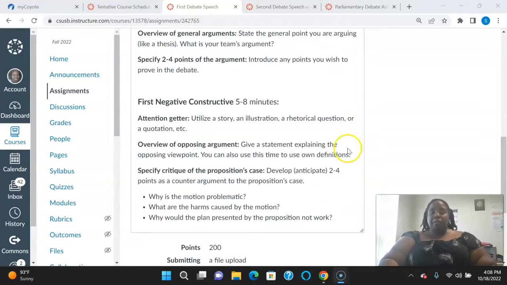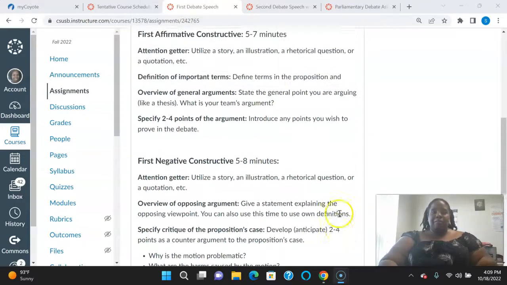However, if you're on the negative side, it'll be your job to state why student loans should not be forgiven, why forgiving it would be problematic, who will be harmed, and why or how forgiving student loans will not work or be beneficial to society.